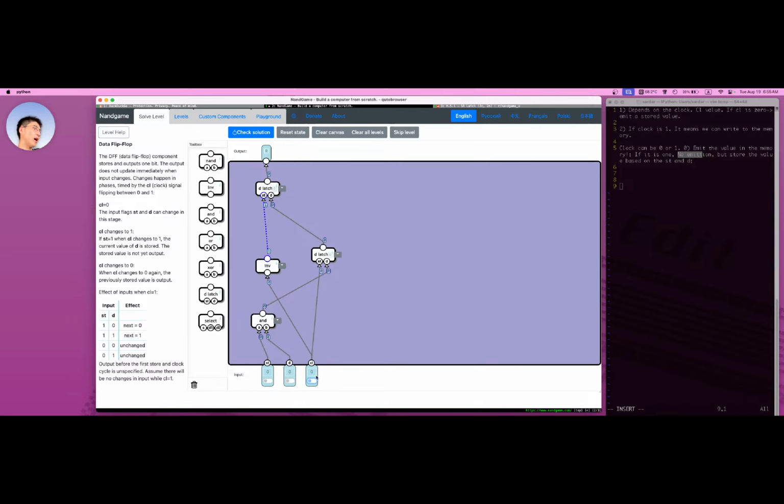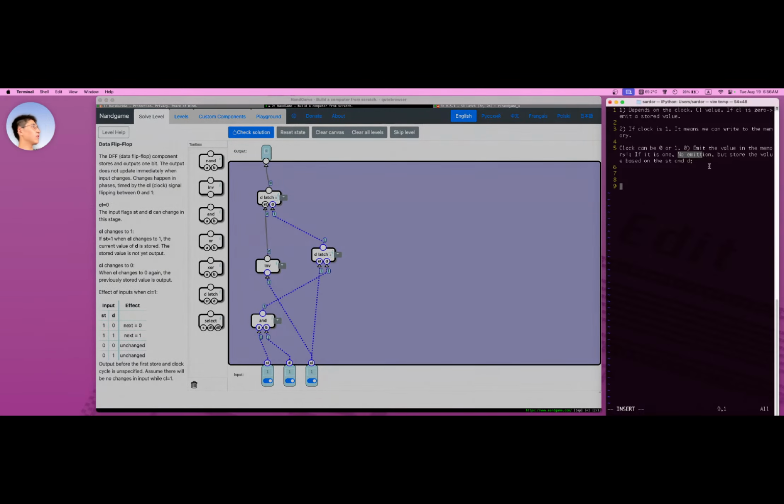Because now when I make it 0, it writes this 0 to here. No, no, no. If clock is 0, emit what is stored here. Look. Now we store this one, right? When I have 1, okay, you can store. Our one condition is working fine.